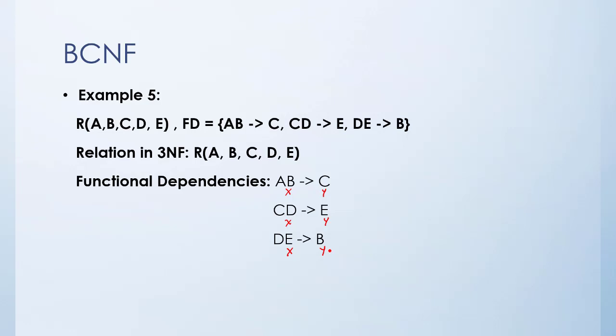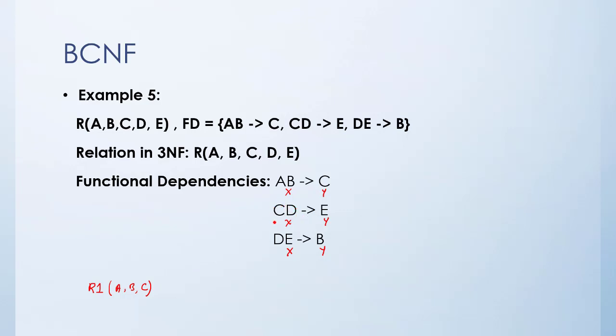Take the functional dependency for which it is not in BCNF and create a relation with the attributes present in that functional dependency. So I will get R1 with A, B and C. Here the functional dependency is AB determines C, so in this relation AB will be the super key. So R1 is in BCNF. Similarly, for the second functional dependency CD determines E, X is not a super key.